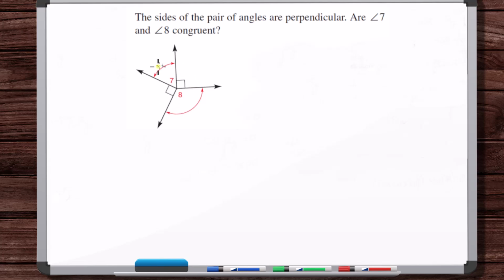Well, a full rotation is 360, and these two pieces are 90, so that means the measure of angle 7 plus the measure of angle 8 is going to be 180, but that doesn't necessarily mean that they are the same measure. One could be 60, the other could be 120.